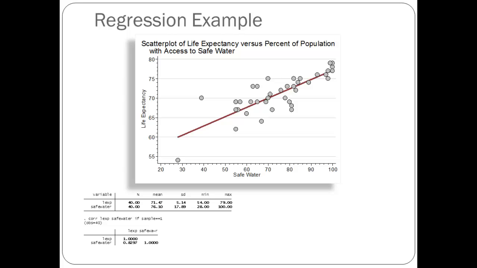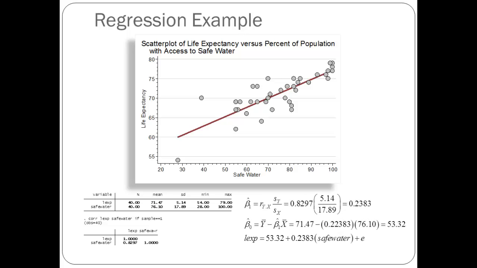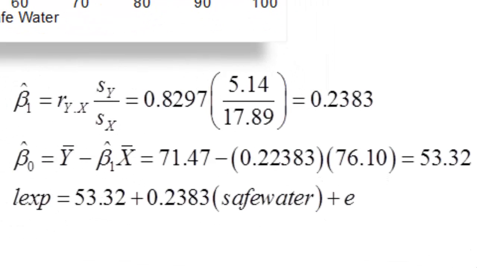We can take the 2 standard deviations and the correlation coefficient from this table and calculate beta hat sub 1. And once we've calculated beta hat sub 1, we can use the means in that table and beta hat sub 1 to calculate our intercept. I show these calculations over on the lower right.